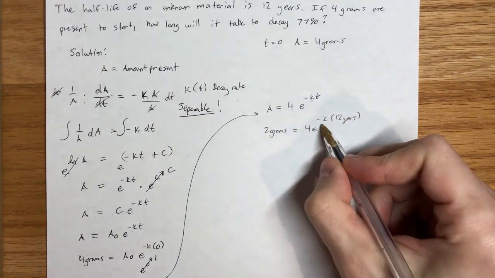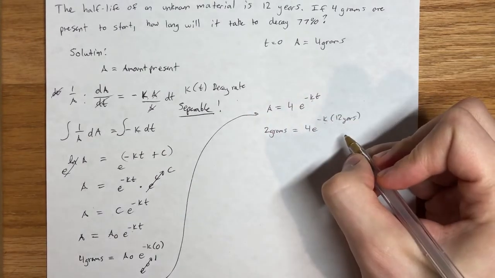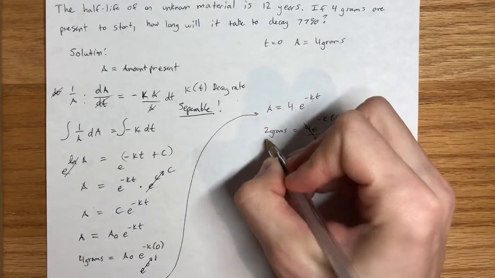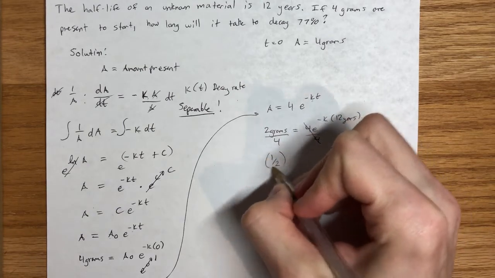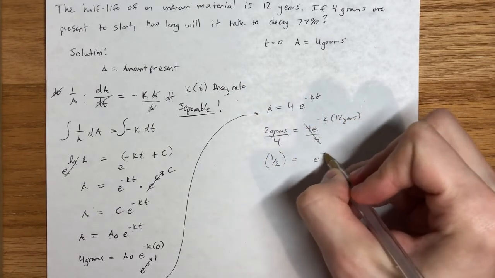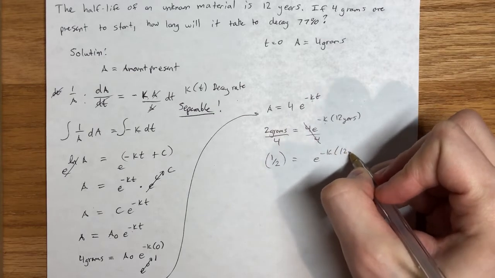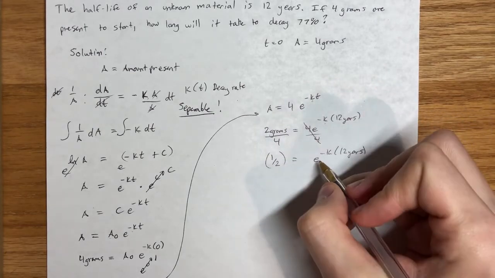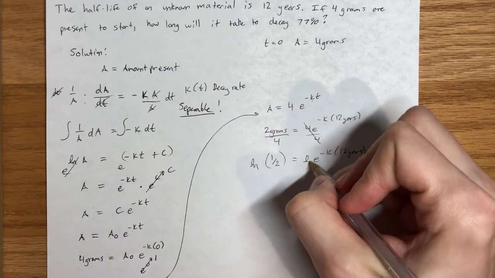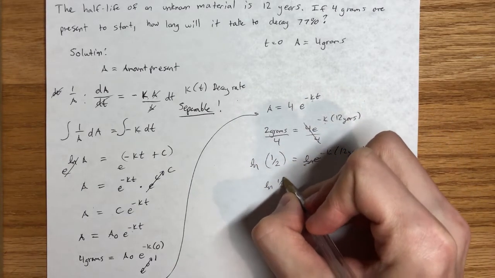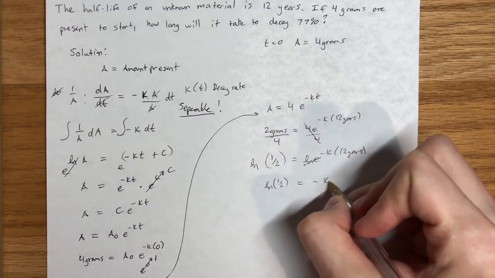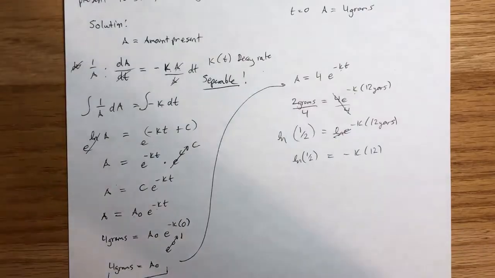And now we can solve for k. The first step is to divide by 4. So I'll have 1/2 is equal to e to the negative k times 12 years. Then I want to take the natural log of both sides to get rid of my e. So now I have the natural log of 1/2 is equal to negative k times 12.